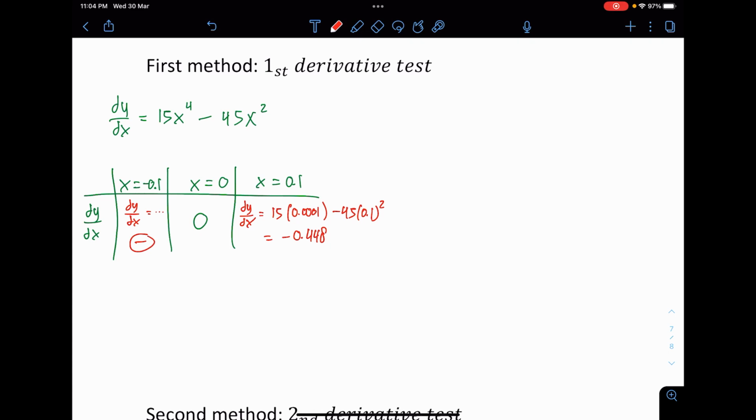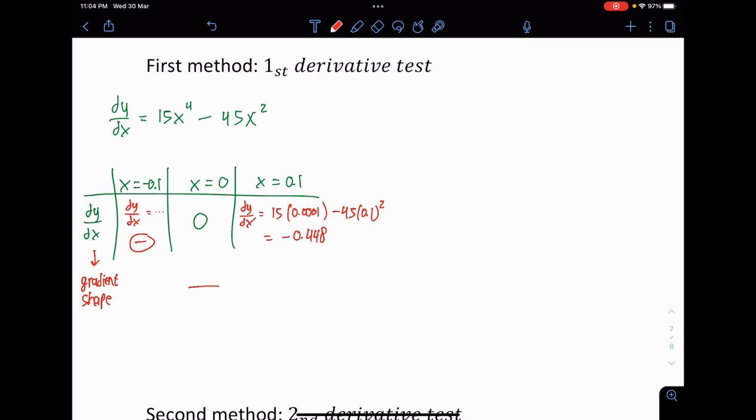Now, what's the big deal about it? You see that dy dx actually represents the gradient, which also represents the direction of the tangent at that location. So I can tell that when x equals 0, the gradient is 0, meaning it's a flat horizontal line.